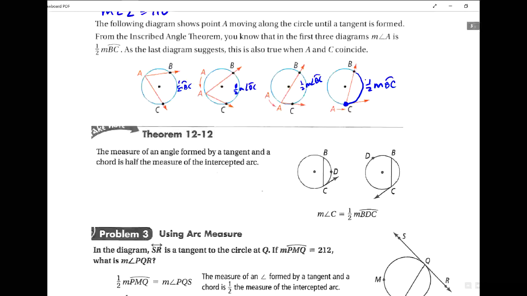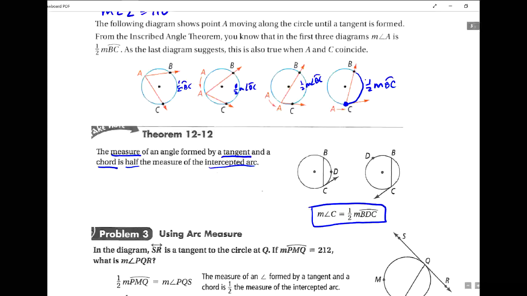So even though it is tangent to the circle, remember, a tangent is a line that intersects the circle in one point exactly, right? That's going to be our next theorem. The measure of the angle formed by a tangent and a chord is half the measure of the intercepted arc. It is still exactly the same.